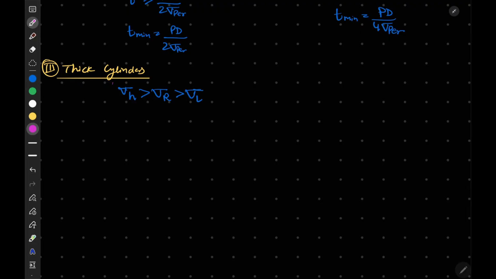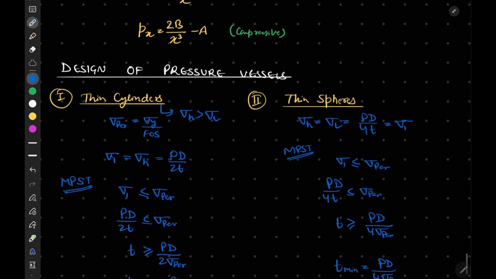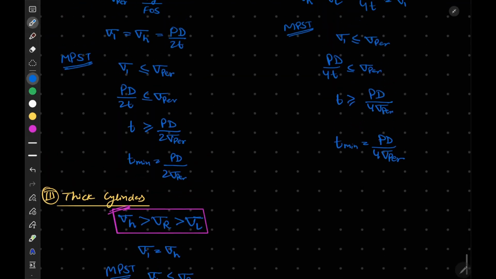Now we can say that sigma 1 is equal to sigma h, and according to the maximum principal stress theory, sigma 1 must be less than or equal to sigma permissible, and again our analysis will go on.